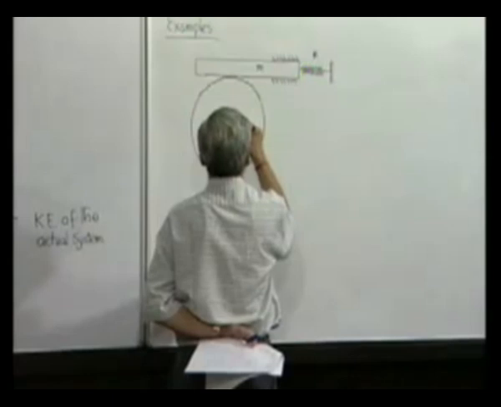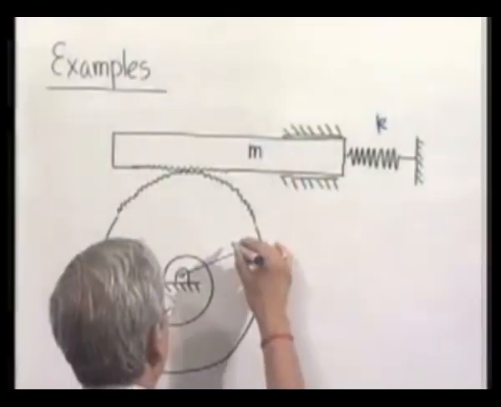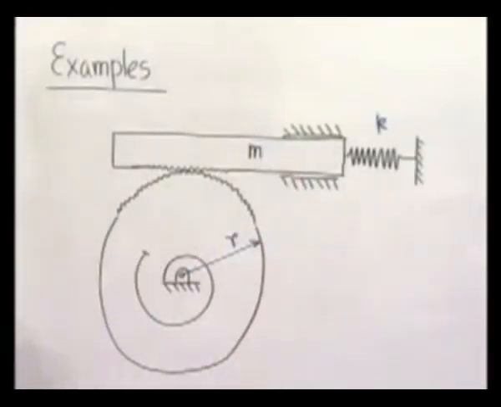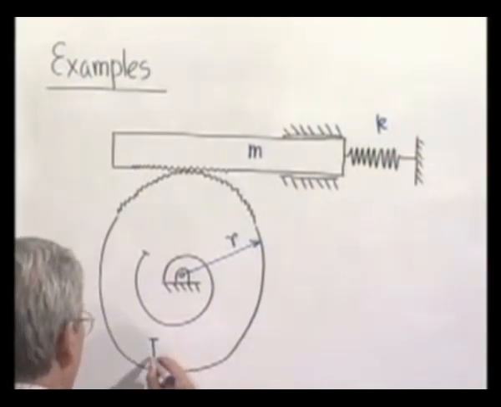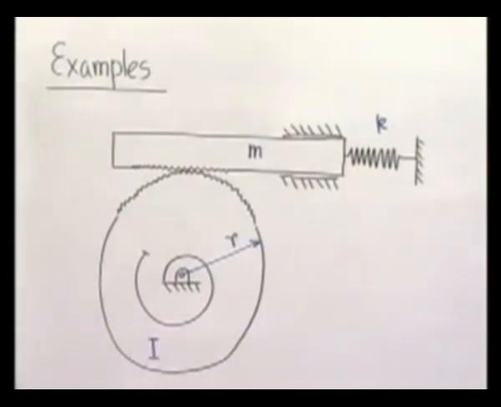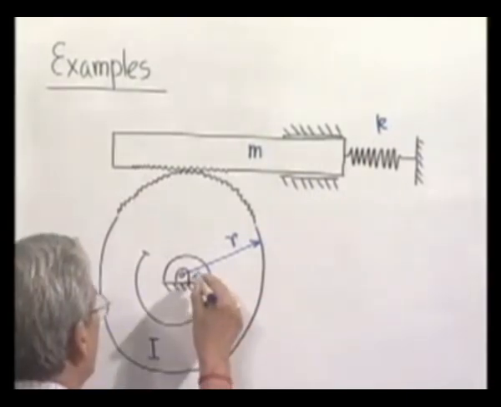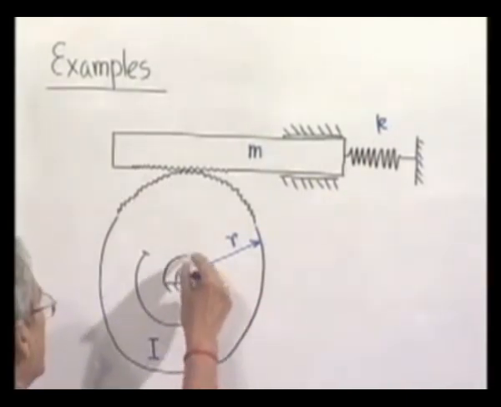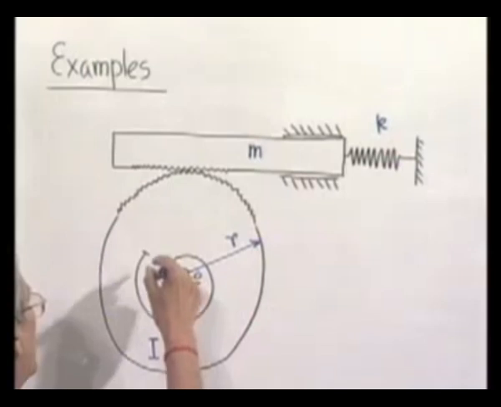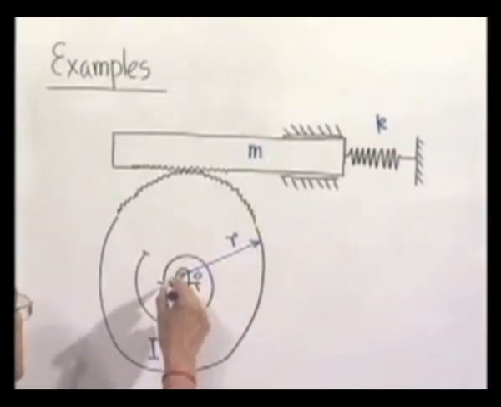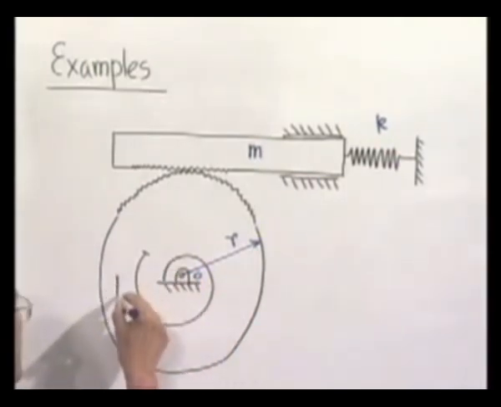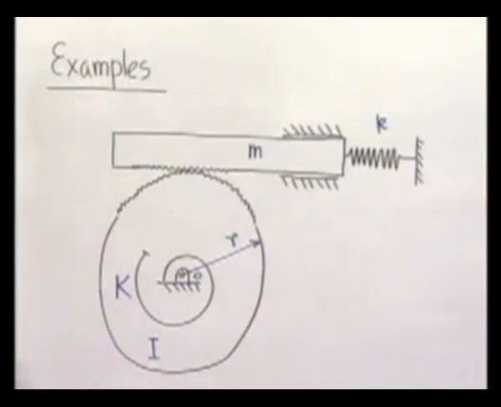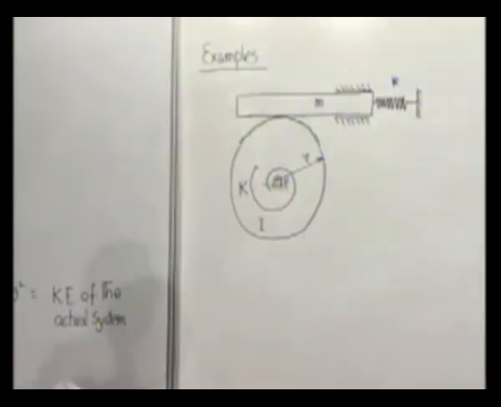The radius of this disc may be r, and its moment of inertia is I, about an axis passing through O. Further, this disc is connected to a fixed wall with the help of a torsional spring whose stiffness is capital Q. Thus, the system consists of two bodies which possess inertia.